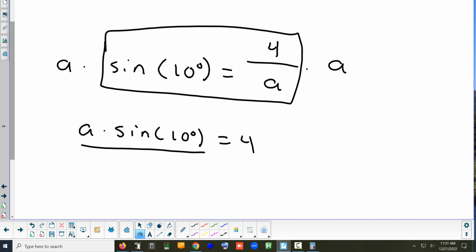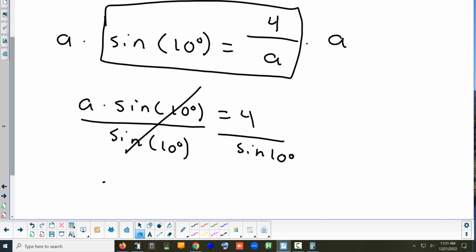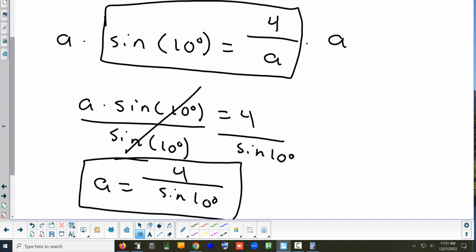Yeah, so it's just algebra, but I wanted to make sure people were okay with that. So those cancel. And you get a equals 4 over the sine of 10. So look at the final answer and look at what you started with. Does anyone see what ends up happening with letters in the bottom? Yeah, all you have to do is swap these two things.